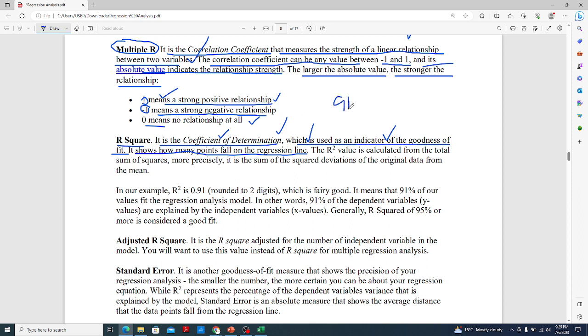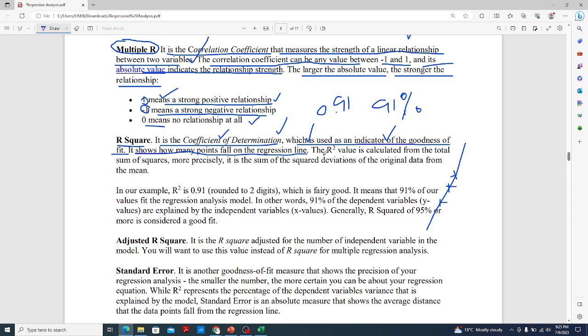Meaning, in our case, we got 0.91, meaning 91% of our data points were along the regression line.